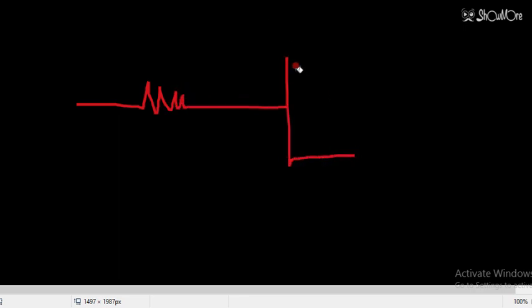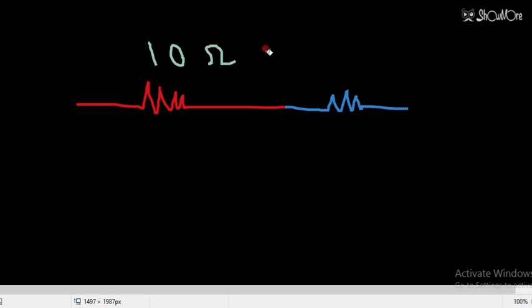After combining these two, I got one resistance that has a value of 5 ohm. So now I am drawing that equivalent resistance. So this is 10 ohm and this is 5 ohm.